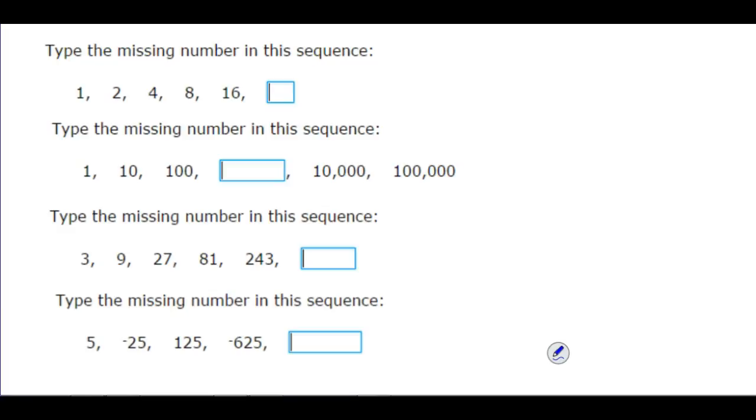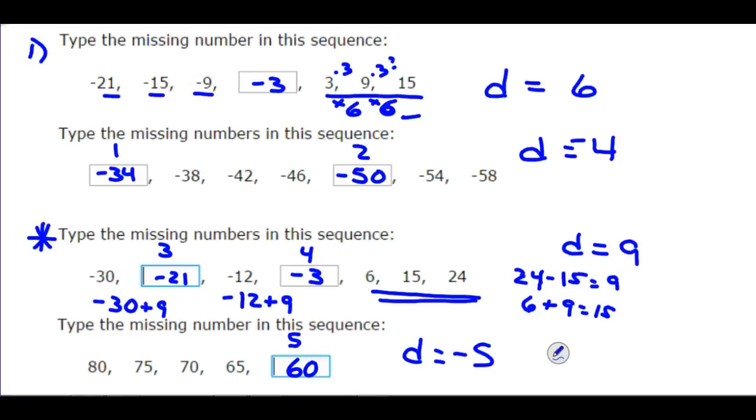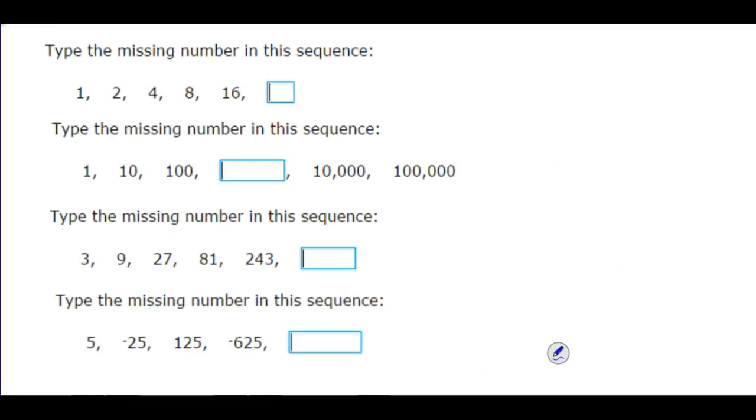If the numbers are increasing much quicker than some other numbers that you've looked at, like all of these numbers over here, which are not increasing very quickly, they're more likely a geometric sequence, where you're going to actually multiply a number by a number to find the next number in the sequence.